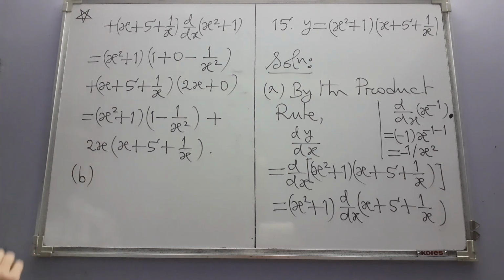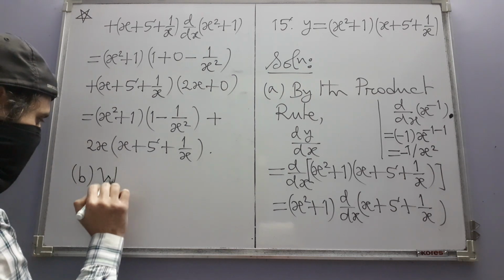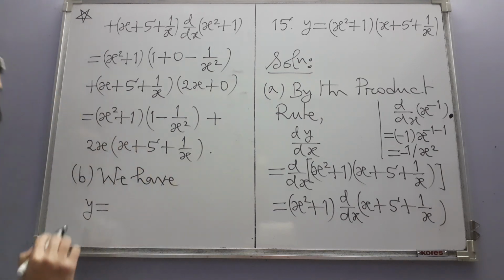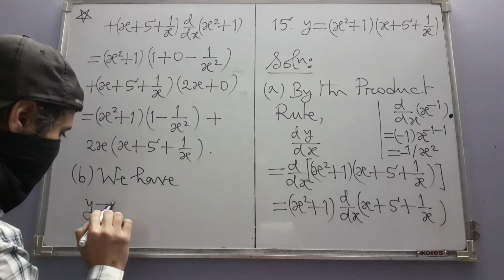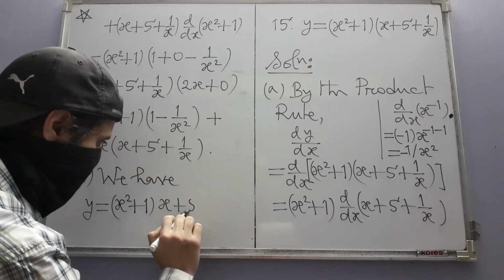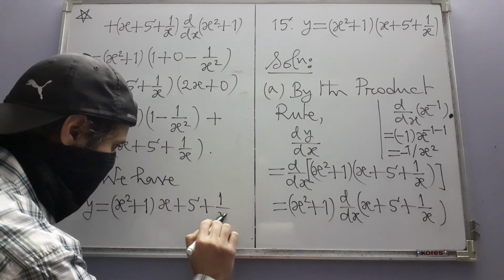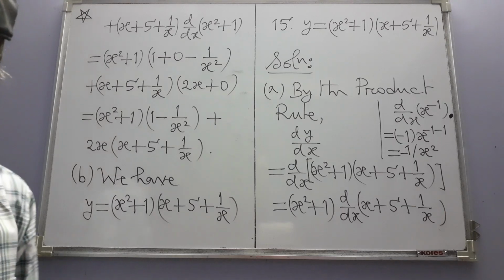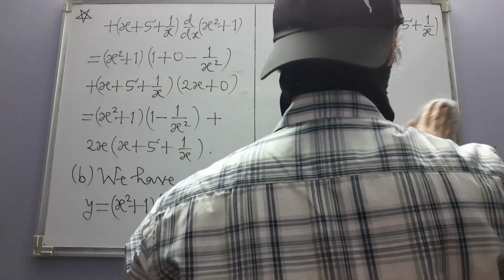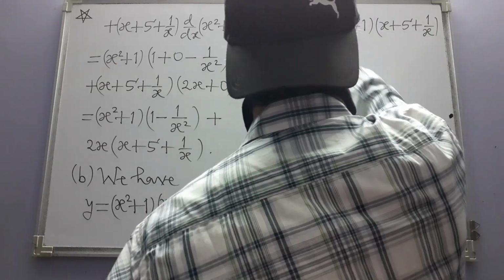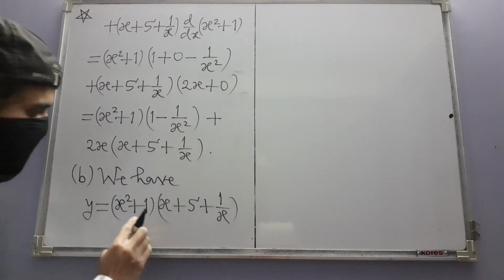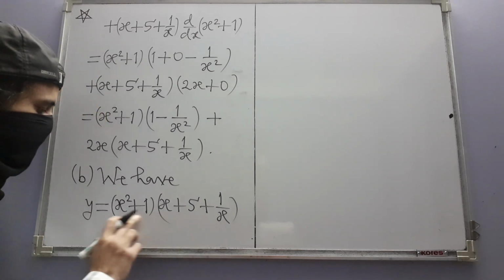Instead, let me go to part B. So what was it? x square plus 1 times x plus 5 plus 1 over x. So now we do the multiplication first. We are going to first of all multiply all the terms of this second factor by x square.